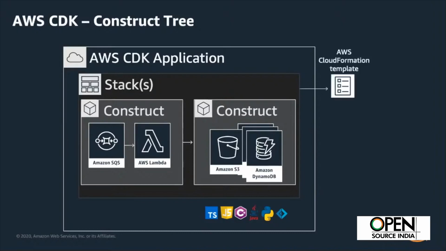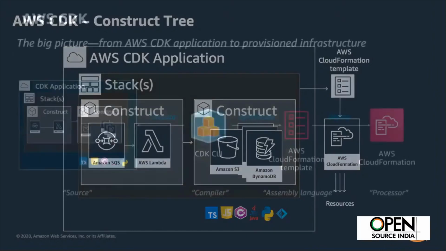Once you're done with your application, you can then use cdk synth to actually generate the CloudFormation template. Now you can either push this CloudFormation template through your code review, through your CI/CD pipeline, stuff like that, or you could actually use cdk deploy to not just create this CloudFormation template, but also push this to CloudFormation and let CloudFormation create your resources.